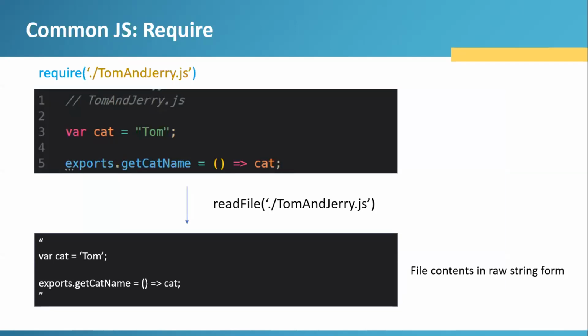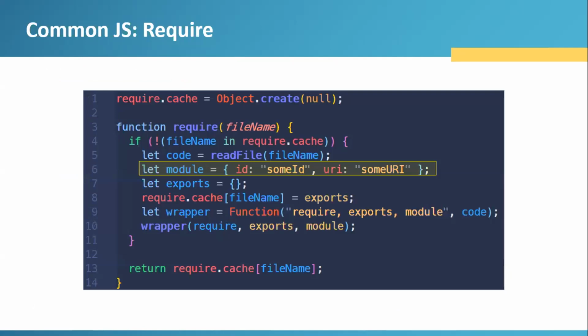I have this Tom and Jerry file that you see in the upper screenshot, which is getting converted into raw string form, and at the end of it, it will get assigned to the variable code in line number 5. After that, we go to line number 6 and do a bunch of initializations, some metadata for the module. In line number 7, we initialize an exports object.